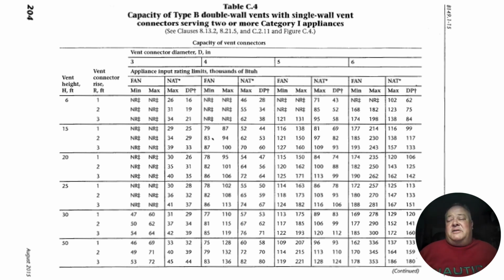So if we had an 80,000 BTU furnace or a 100,000 BTU furnace, it would fit if this was B vented. As technicians, we have to know that if it doesn't fit within the table values or parameters of single wall vent, we have to go back and recalculate using table C3 with a double wall vent connector. But we'll talk a little further about that coming up.